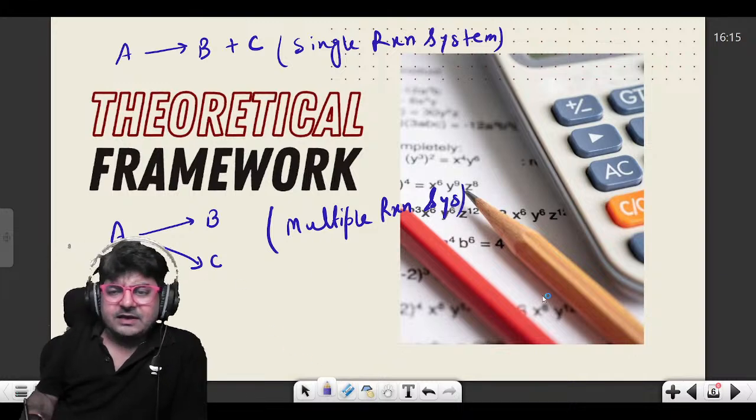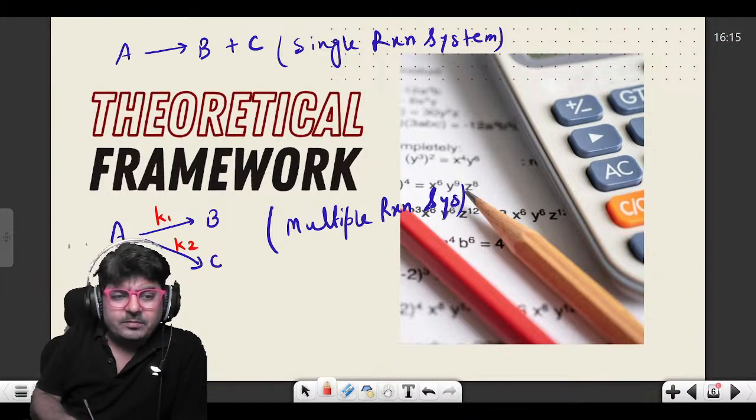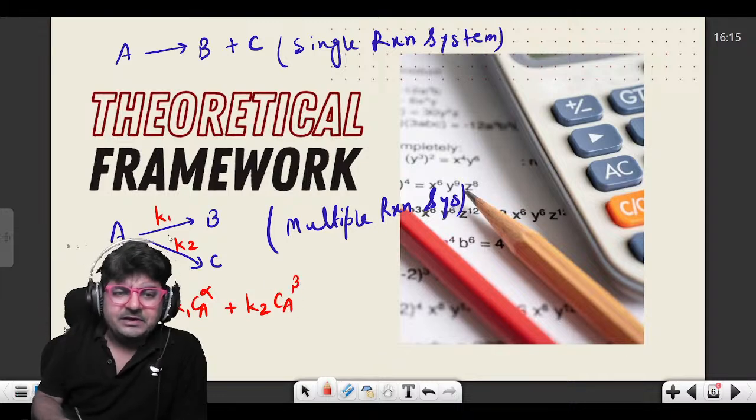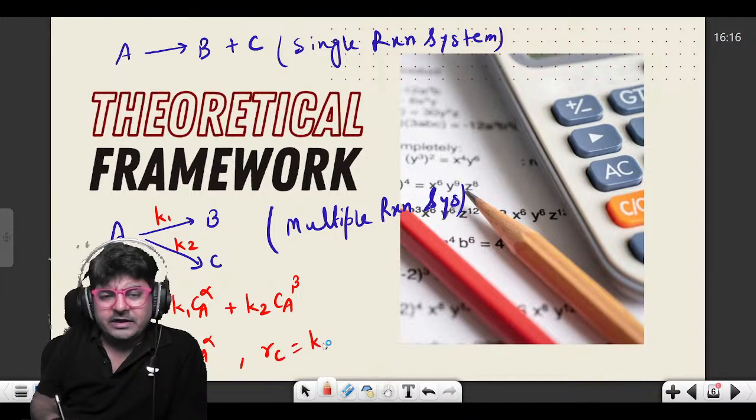So here you can understand why it is multiple reaction. We will be having more than one rate constant. Like for minus Ra, you write K1 Ca power alpha plus K2 Ca power beta, if the apparent orders are alpha and beta in the respective paths. Rb will be equal to K1 Ca power alpha and Rc will be equal to K2 Ca power beta.